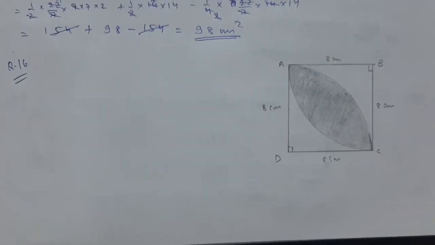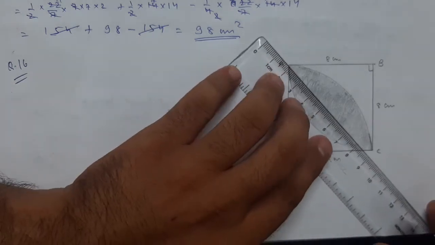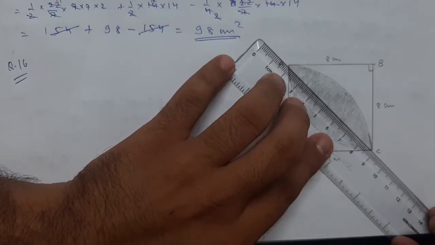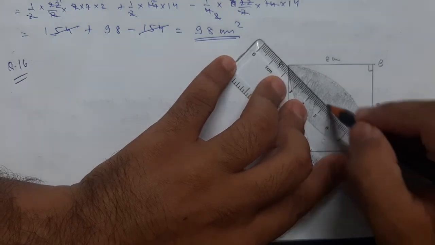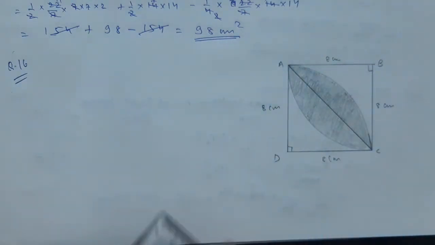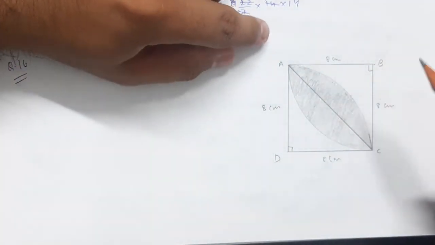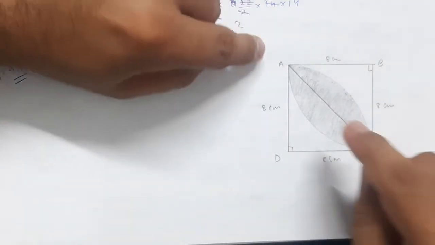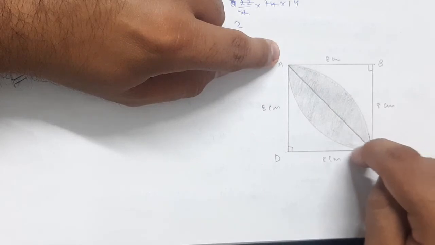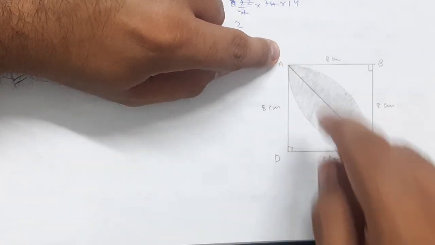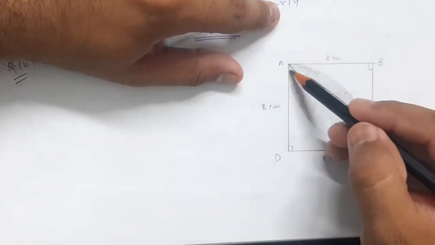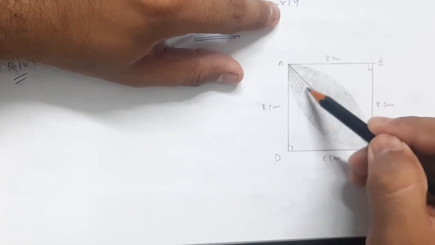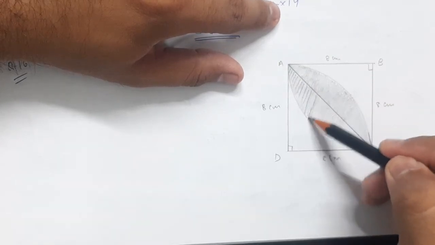You can't directly find it because it is not forming any kind of shape, but if I draw the diagonal like this, you can see that this only this area becomes a segment.